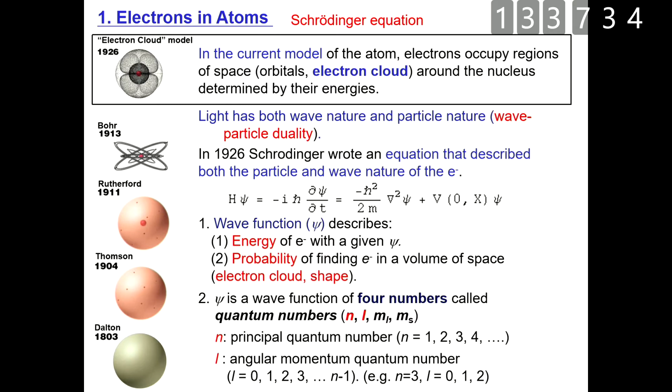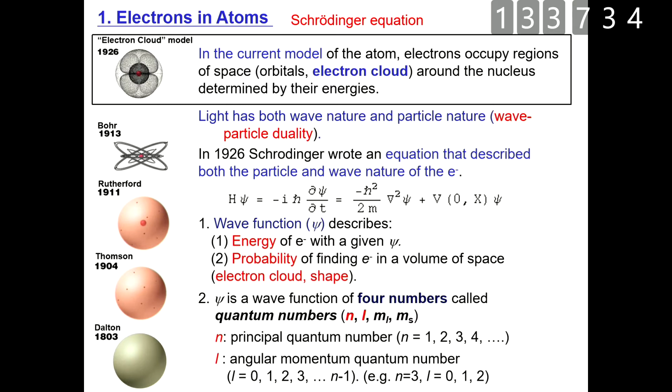In this model, the electrons occupy regions of space. Last week we introduced that in the Bohr model, each electron moves in a certain orbit.